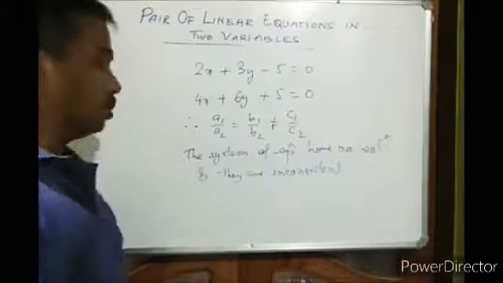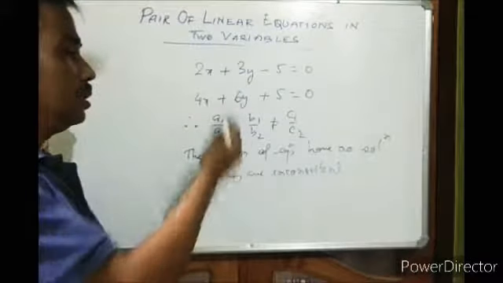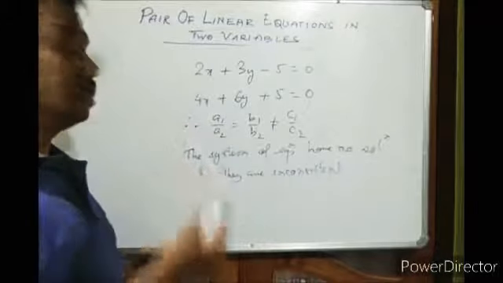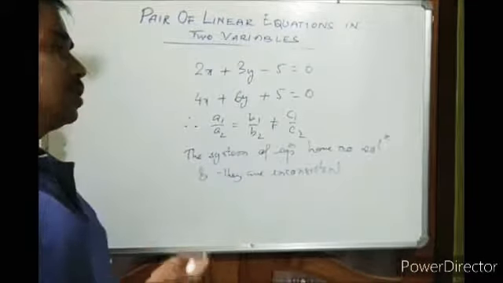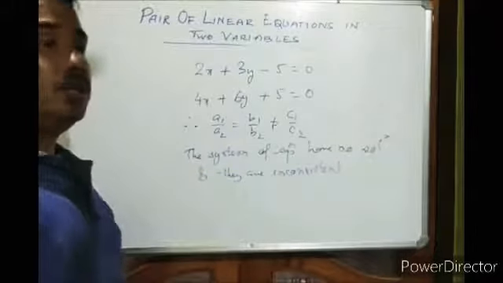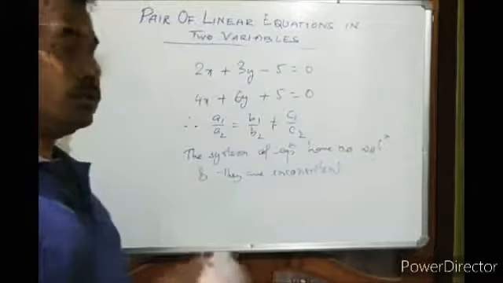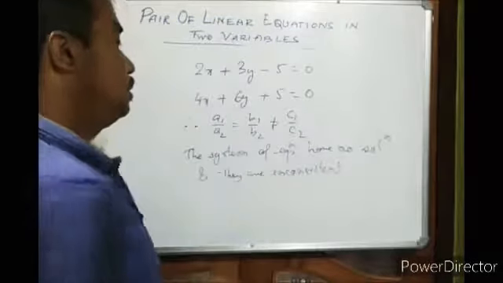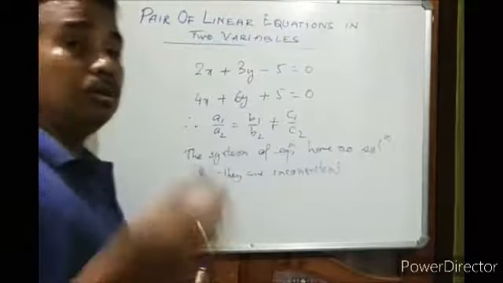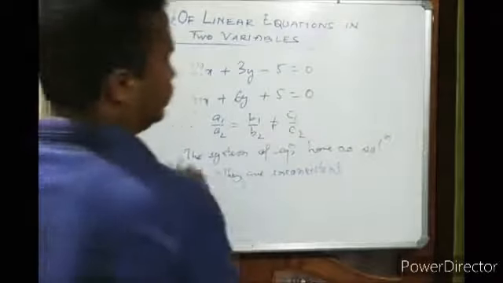So here we see all three cases of when the system of equations is consistent or inconsistent. We can check in this manner. Once the system of equations is consistent, then it has a solution, and how the graph looks like, that also we'll discuss a little bit here.